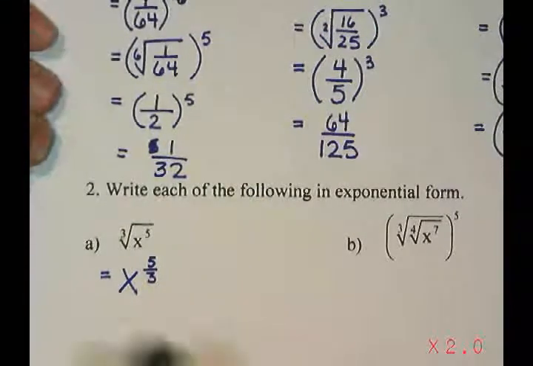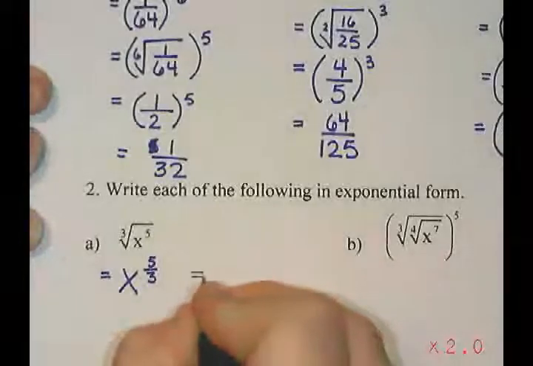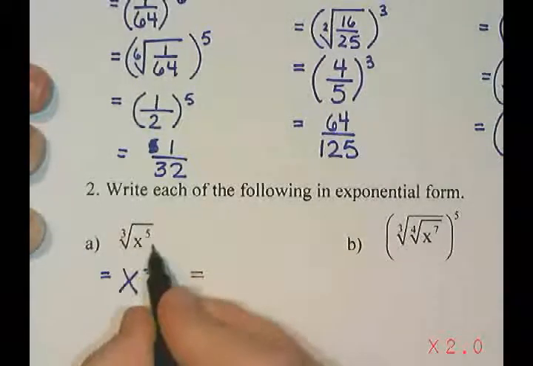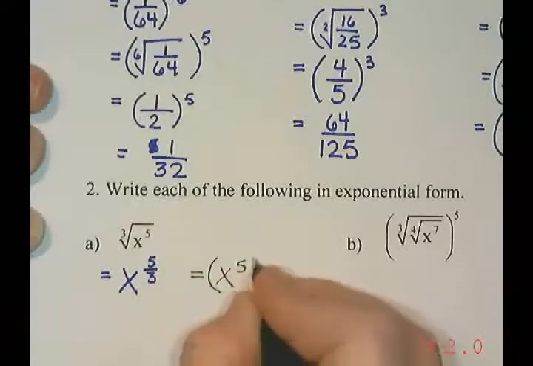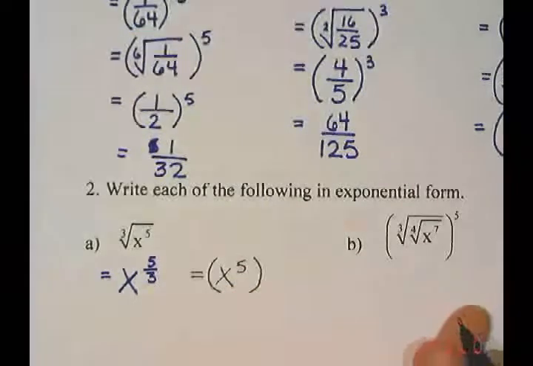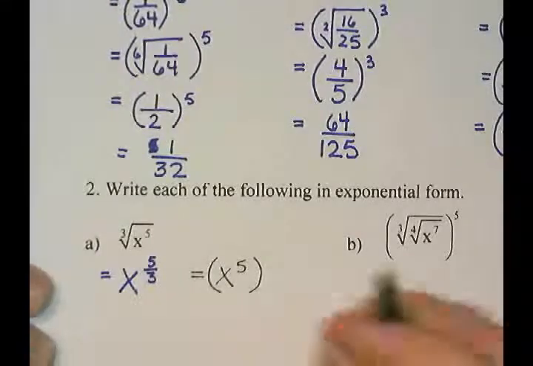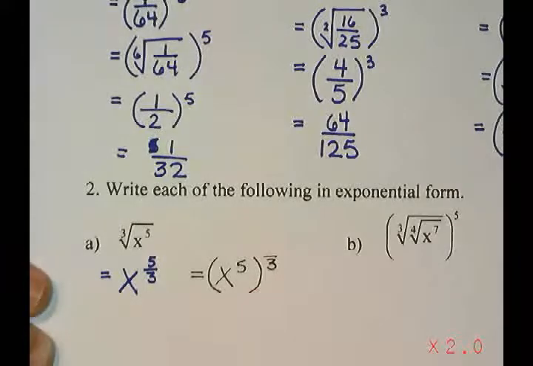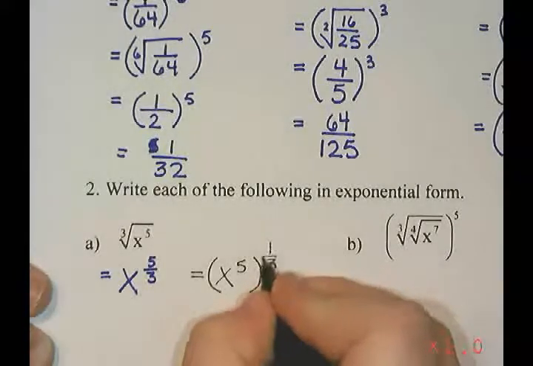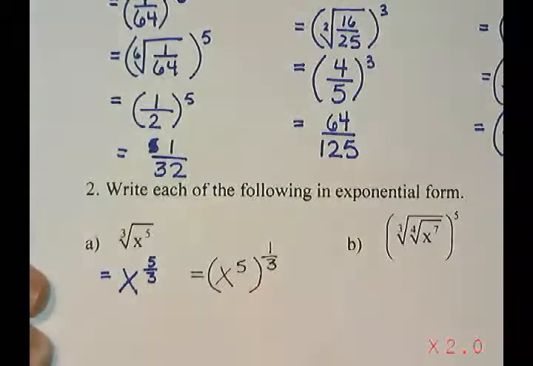Now the other way that you could do this question is to treat them as two separate things. So you could say I have x to the power of 5, and then that is being cube rooted. A cube root would be a denominator of 3. And if there's nothing else, then just an exponent of 1.